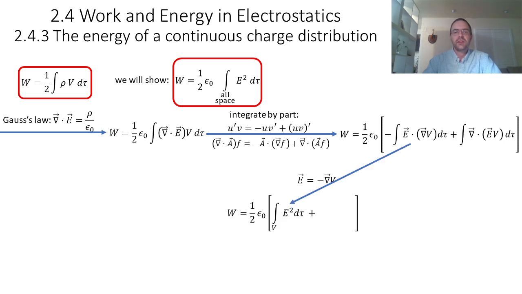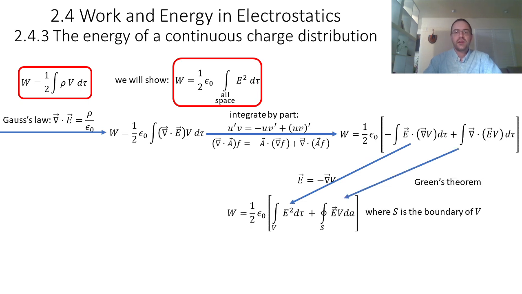So the first integral has E dot gradient of V, and minus gradient of V is the electric field E. So we end up with the integral of E squared. At this point, the integral is over a volume, so it is the integral over volume V of E squared d tau.